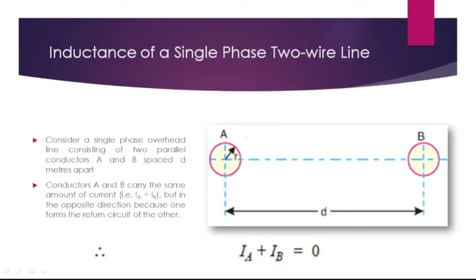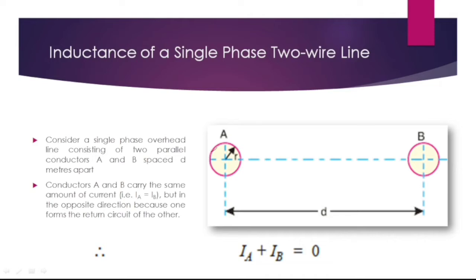Previously, we concluded that we are considering a single phase overhead line consisting of two parallel conductors, conductor A and conductor B, separated by a distance of d. Observe this diagram clearly.